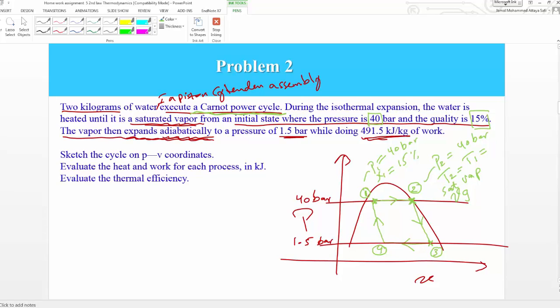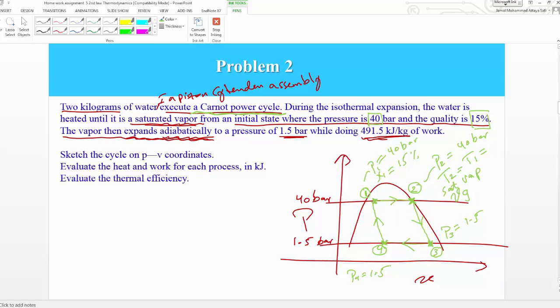Now 3, is it fully defined? It's not fully defined. I know that the pressure at 3 is equal to 1.5, but it's just one property, so I need another property to fix point 3. At point 4 it's the same. I also know that the pressure P4 is 1.5, but I don't know more.